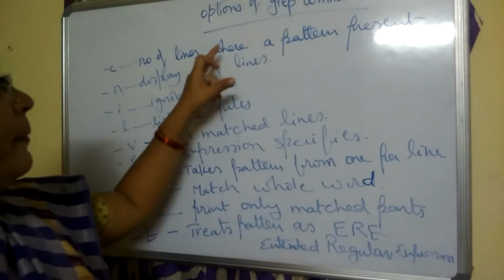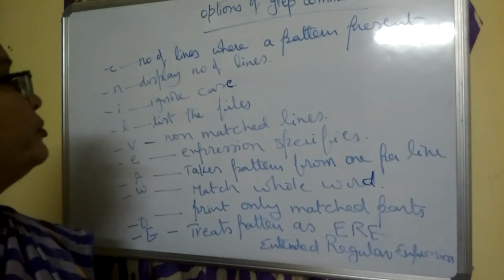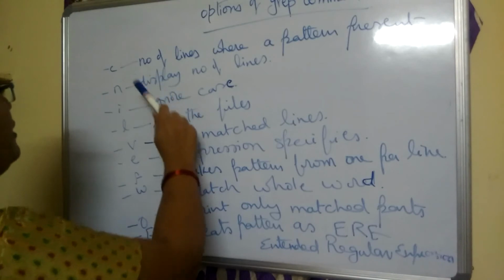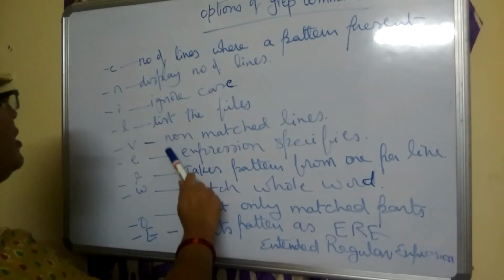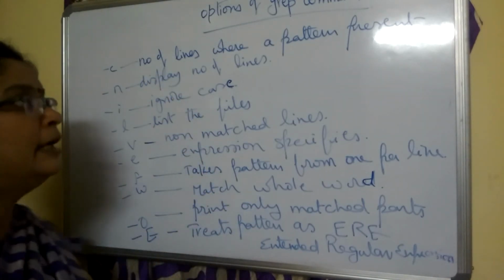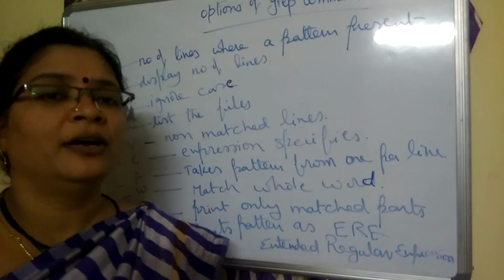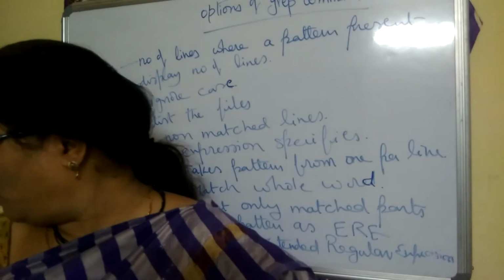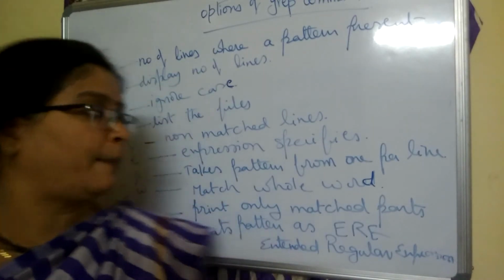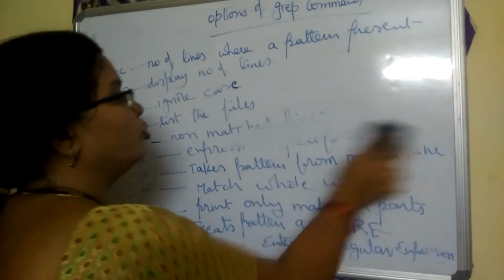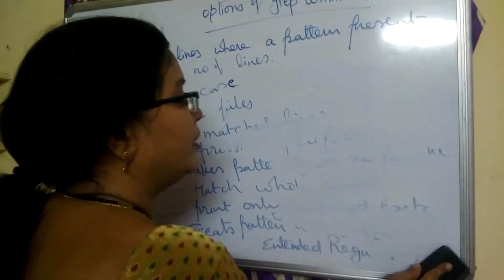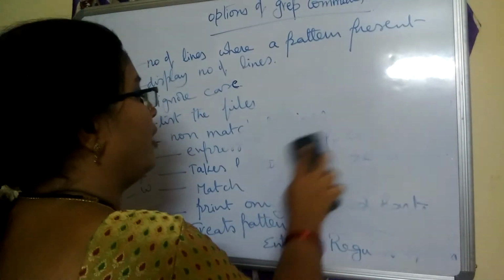Like that, the grep command has a number of options: -c, -n, -i, -l, -v, -e, -f, -w, -o, -E. These are the main options used with the grep command. One more thing we need to see is that the grep command has some variations also. These variations are egrep and fgrep.